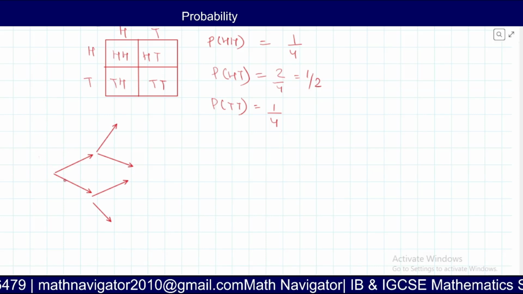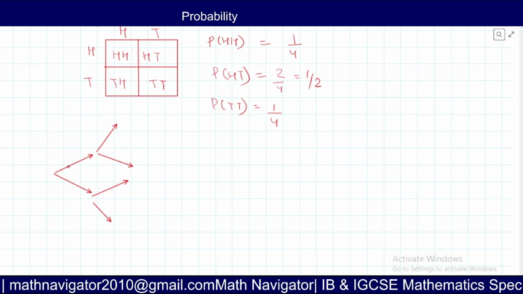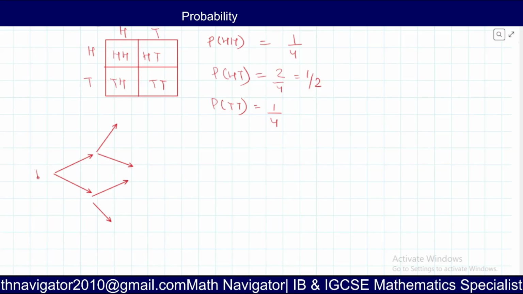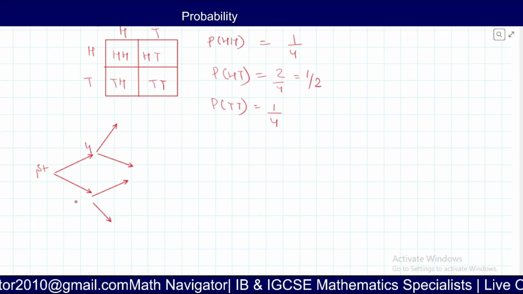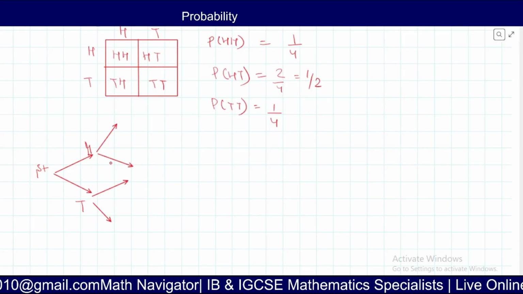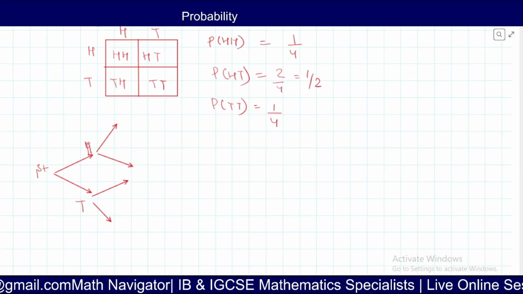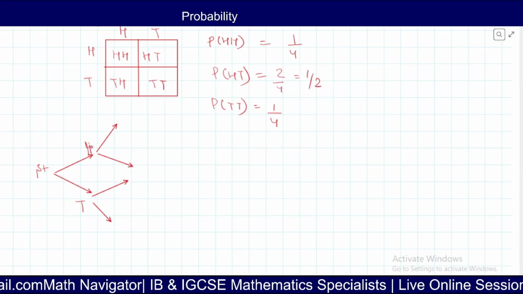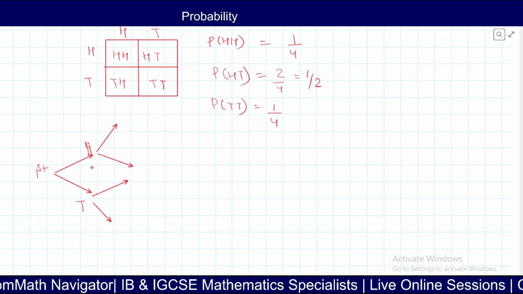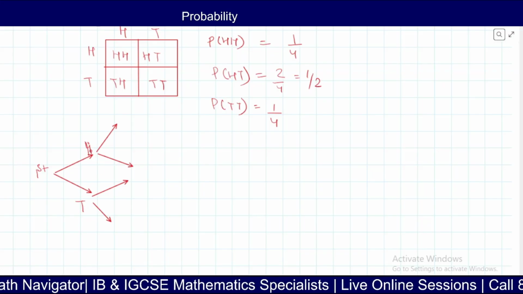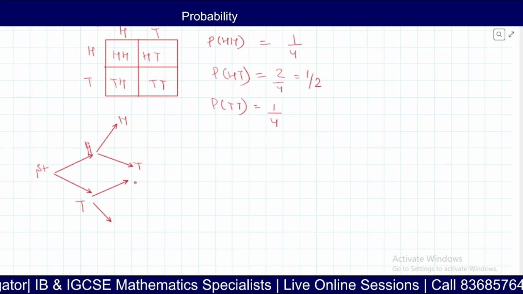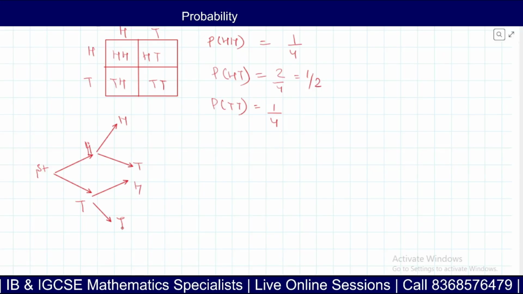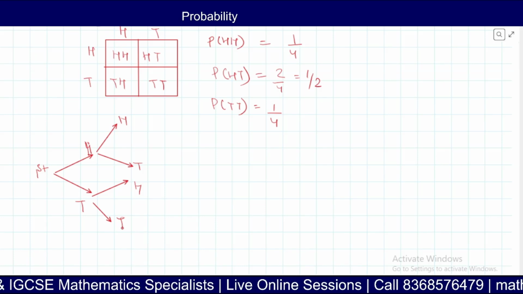That means when you toss a coin for the first time, it can be a head or it can be a tail, right? Now suppose there are both options, either head or tail. If you get head, again you are tossing the coin, so you can get either head or tail. If you get tail, then also head or tail, right? Is this point clear to you?